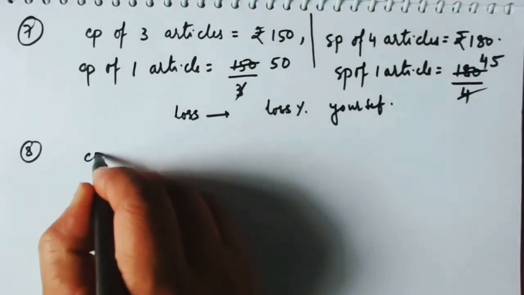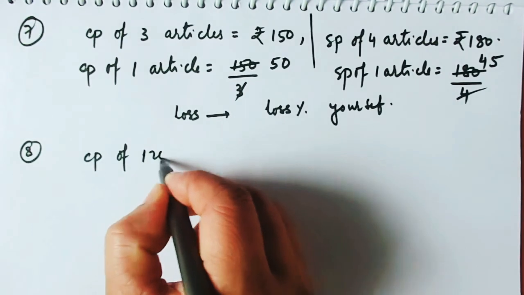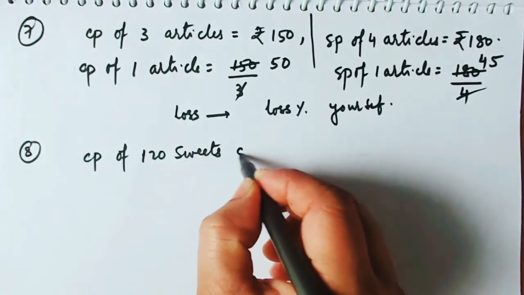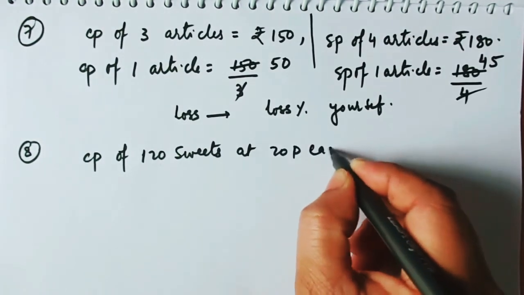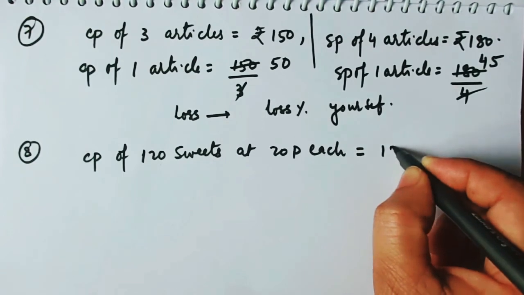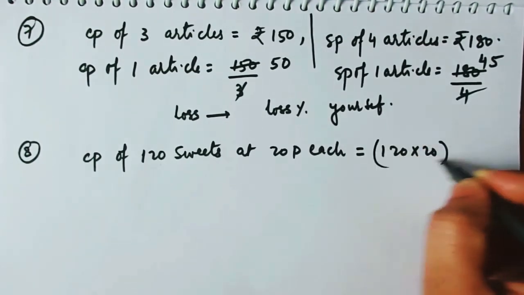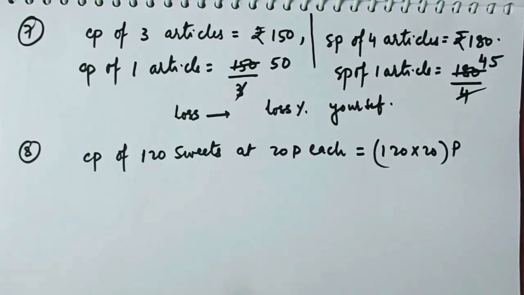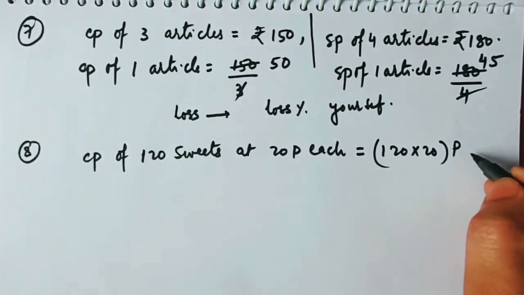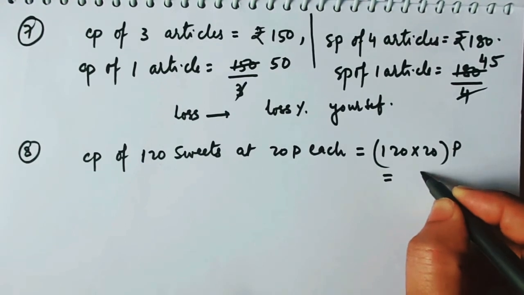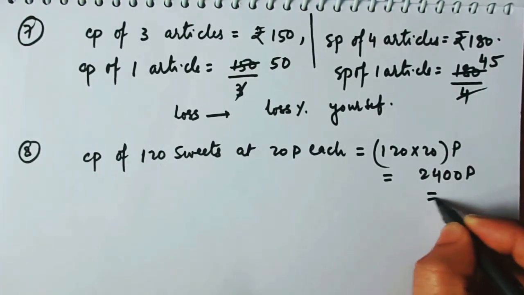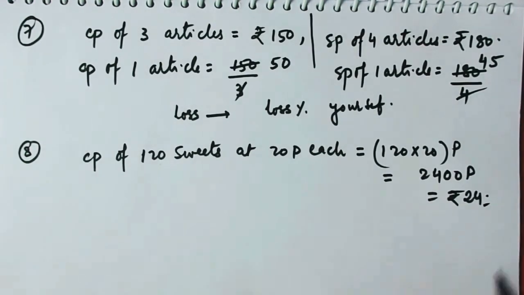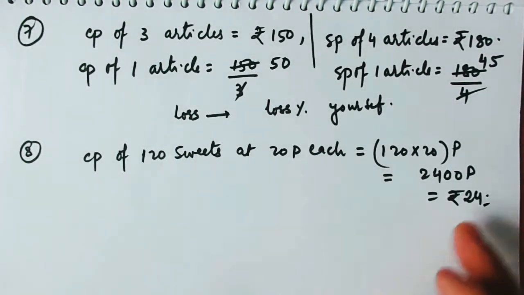So the cost price of 120 sweets at 20 paise each is equal to 120 into 20 paise, which is equal to 2400 paise, which is equal to rupees 24. So the cost price of 120 sweets is 24.